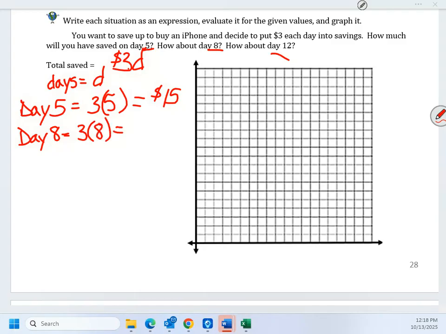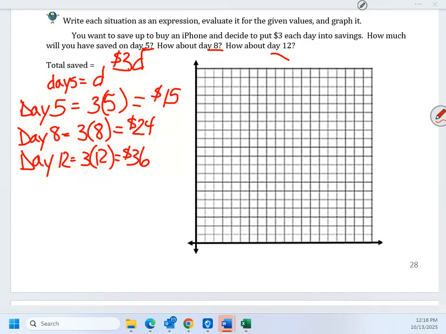What is 3 times 8? Finley? $24. And then I have day 12. So 3 times 12 equals what? Avery? 36. $36. So I know how much money I'm going to have in my savings on those 3 different days.